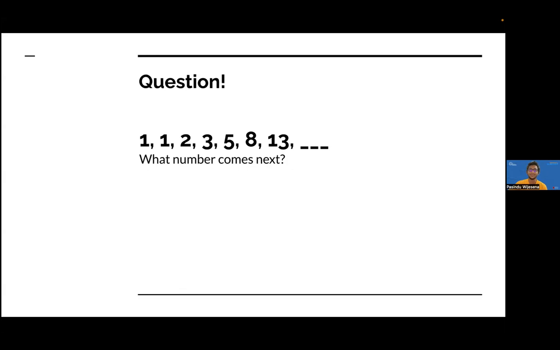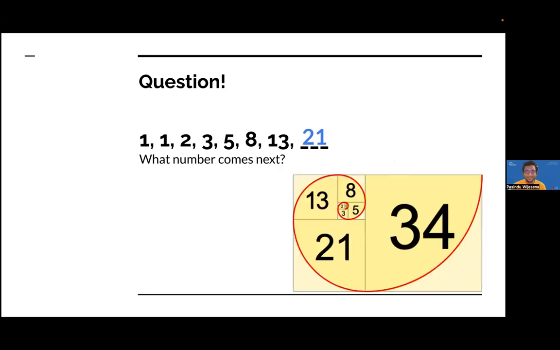Okay, we have a name as well for this. Okay, so is it 19? No, you guys guessed it correctly. It's 21. And it is indeed the Fibonacci sequence. So for those who don't know, the Fibonacci sequence is a sequence where you get some term by the summation of the previous two terms.